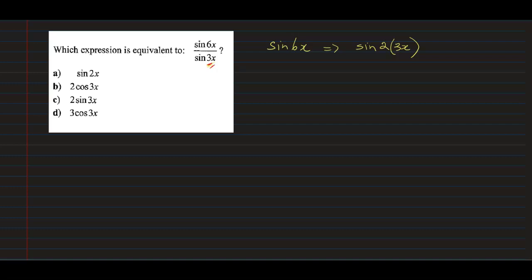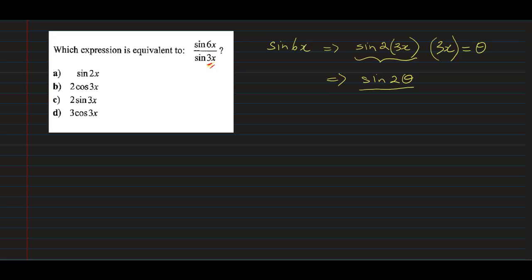Now, the good news is that once you do this, you notice that this is a double angle identity. Just imagine the angle 3x is theta. So another way of writing it would be sine of 2 theta, because we just replace 3x with theta for now. So I'm going to rewrite this expression that we have.